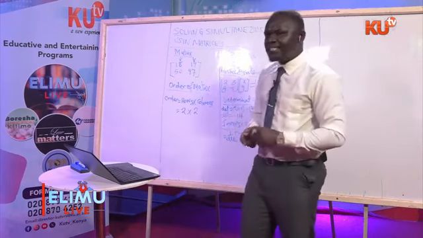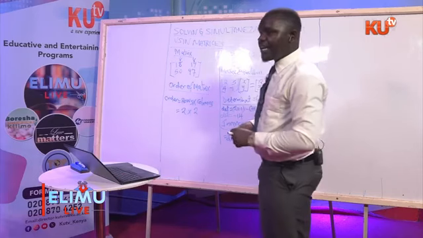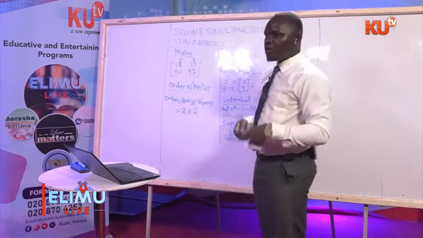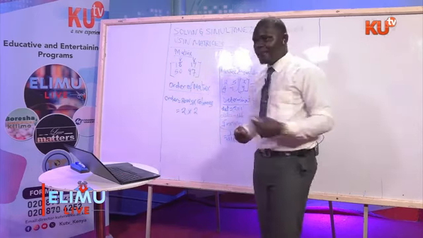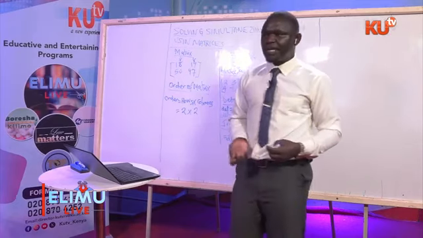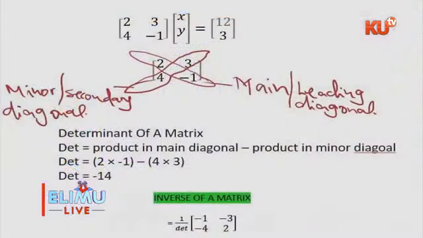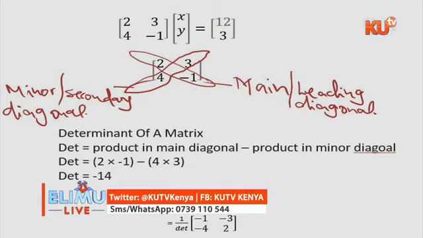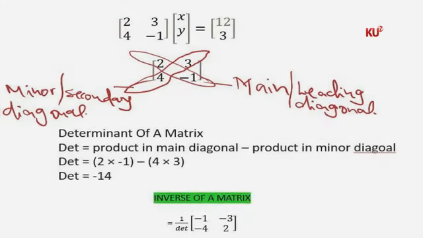Then the elements in the minor diagonal negate. We negate those elements or we change their signs. If the element in the minor diagonal was negative, it becomes positive, and vice versa. So if you look at it, you realize it is now -4, -3.